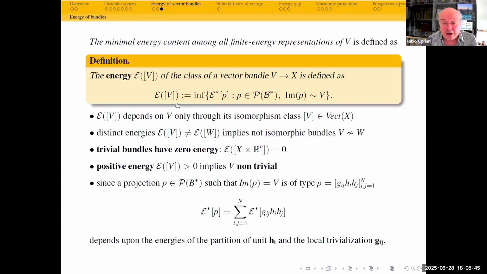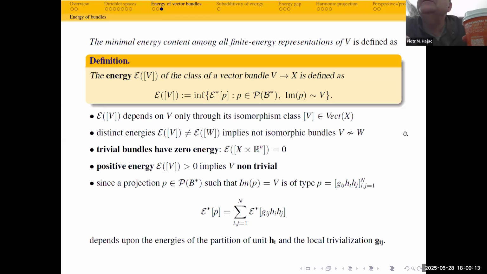So by construction, this number depends only on the isomorphism class of V, only on the class of V in the semigroup of classes of vector bundles. We denote it by Vect X. Sorry, Fabio, I have some questions.